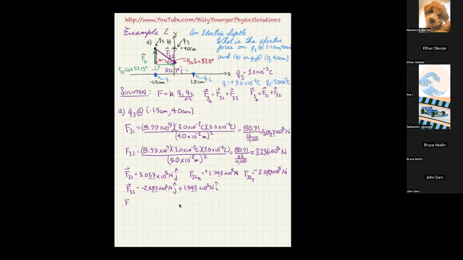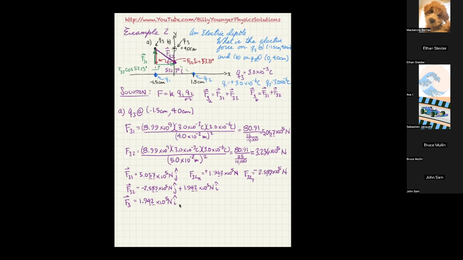So F3 is equal to 1.942 times 10 to the 5th newtons in the i hat direction, because it didn't have an i hat to add to it, so I just wrote that one down as it is.